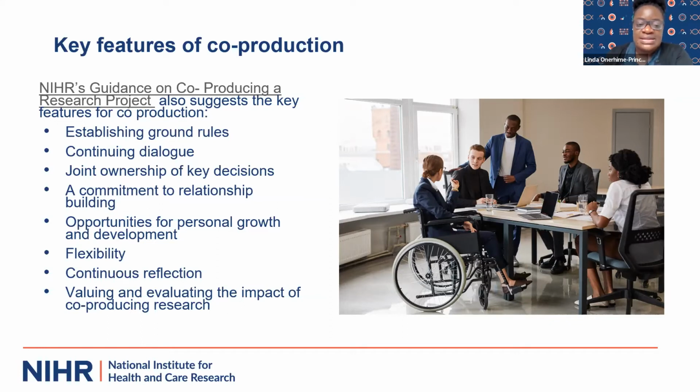So the group can work together to decide who makes the decision and when. So it's not necessarily saying that everybody in the group must make decisions, but it's not just the researcher making decisions. The researcher could work together and say, well, so-and-so public contributor makes a decision on this, and another public contributor makes a decision on that. So this is very important in terms of joint ownership and decisions.